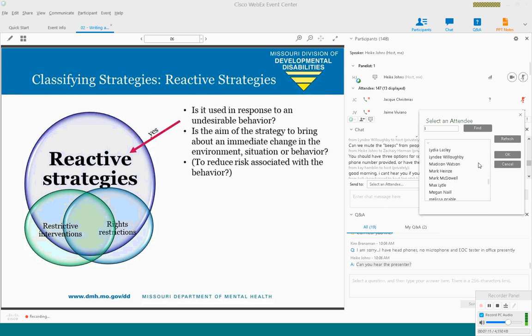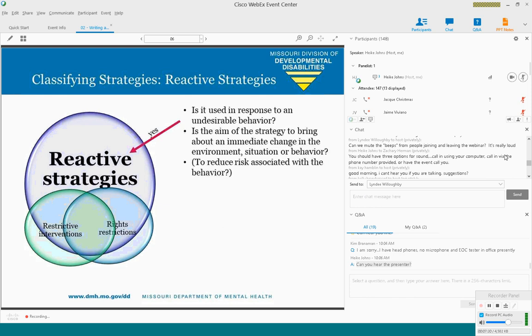If you're doing it to reduce the risk associated with behavior, it's a reactive strategy. So this could include things like validating somebody's feelings, as you reacting to a situation to try to improve the situation. Could be a stay close hot. If you're a tools agency, you stay close hot as a de-escalation strategy. That's a reactive strategy. It might be moving breakables away from an area in which a person is really upset.